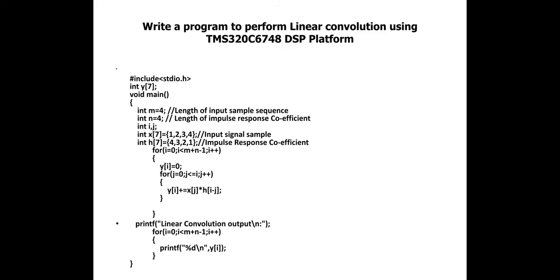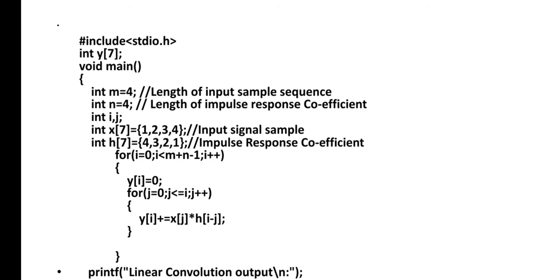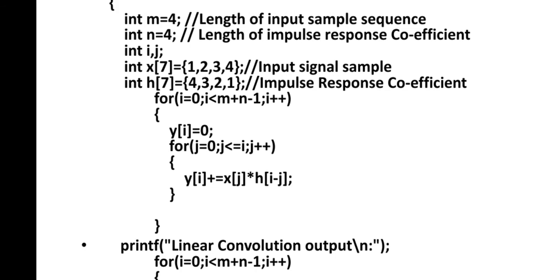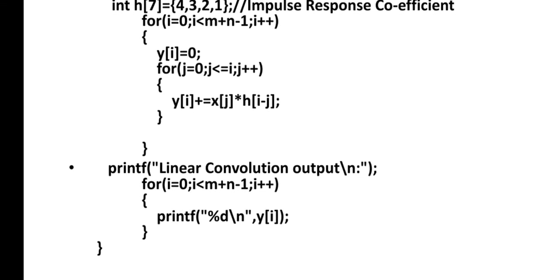So this is how I write the C code, where I took the variable length as 4 and 4. I asked the user for the variable length, so I can decide how many times the for loop should run. I insert the values 1, 2, 3, 4 and 4, 3, 2, 1, and use the same for loop which we have discussed. Whatever the y of i output is, I just print it.